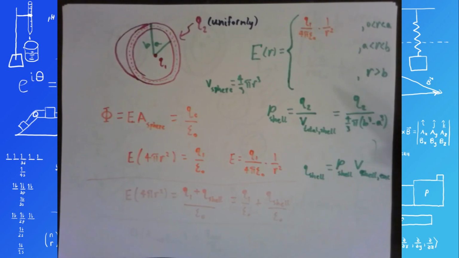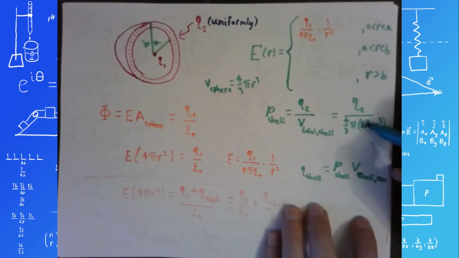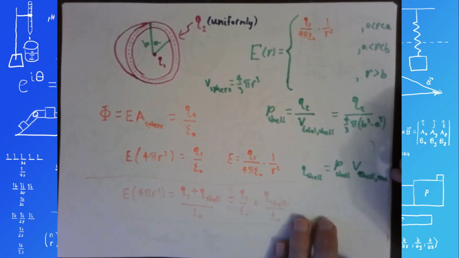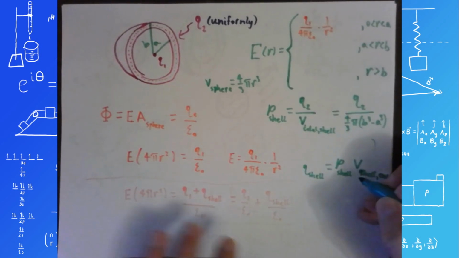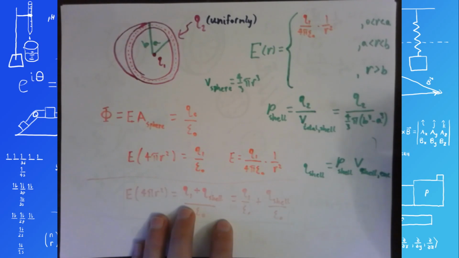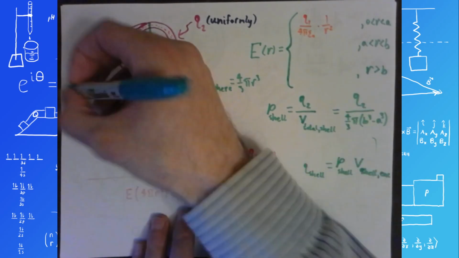And the volume portion that it includes would just be the volume of a sphere of radius r greater than a minus the volume of a sphere of radius a. So pretty much the same thing we did up here, except we don't go all the way to b cubed. We go to r cubed, which is some value less than b. So I'll write that over here.